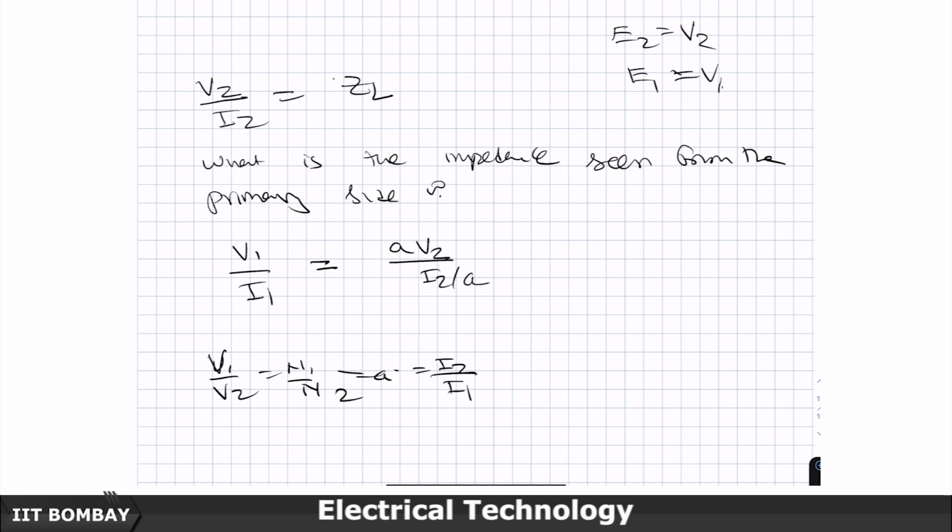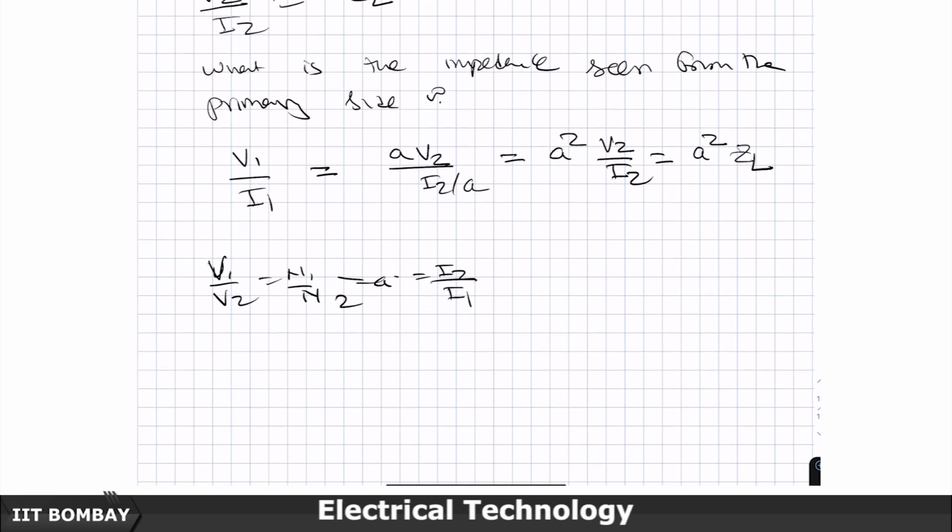So, therefore, I am doing this, but then this is same as A square V2 by I2, which is equal to A square times my load impedance. So, therefore, A square ZL.